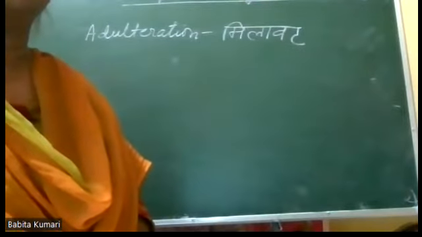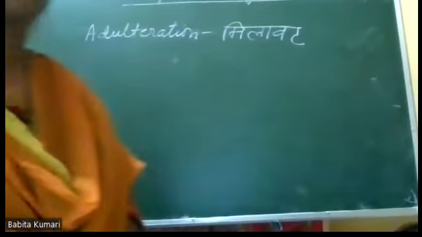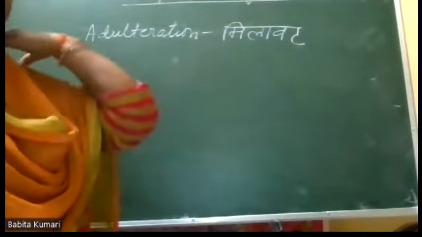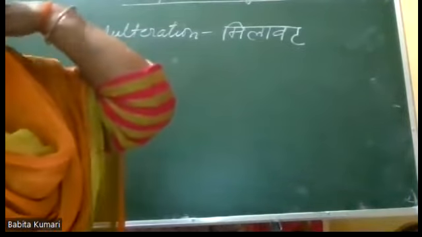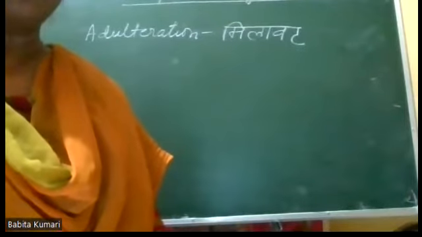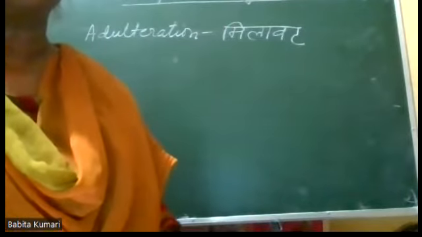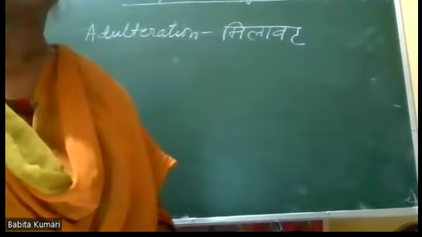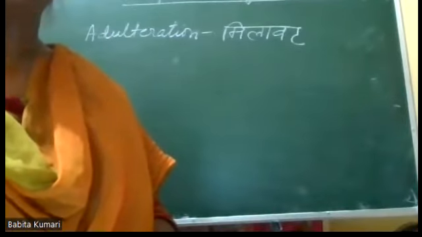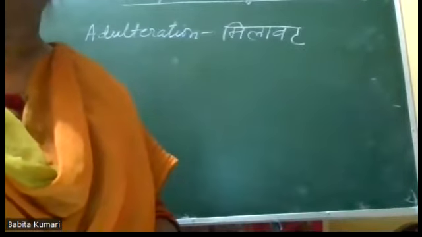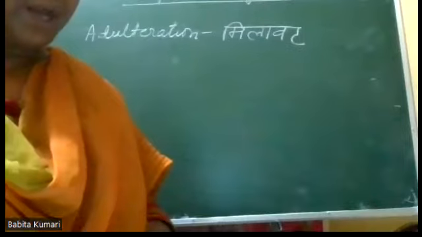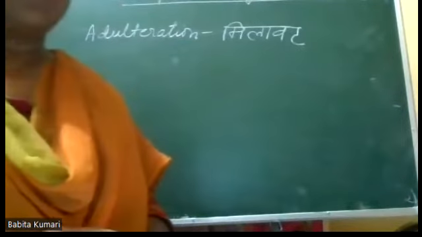For example, जैसे कि काली मिर्च में पपीते का बीज मिला देते हैं लोग, है ना. काली मिर्च में पपीते का बीज मिला दिए, या फिर चावल में कंकड़ मिला दिए. सफेद कंकड़ है, फिर काला कंकड़ भी हो सकता है. तो इसको कहते हैं एडल्ट्रेशन. घी में, शुद्ध घी में दूसरे तरह का घी मिला दिए, डालडा वगैरह मिला दिए. तो ये सब हो गया एडल्ट्रेशन, मतलब मिलावट.